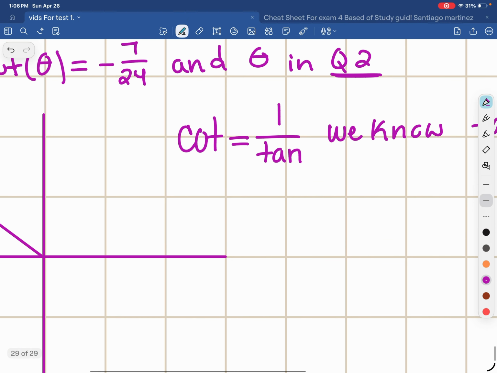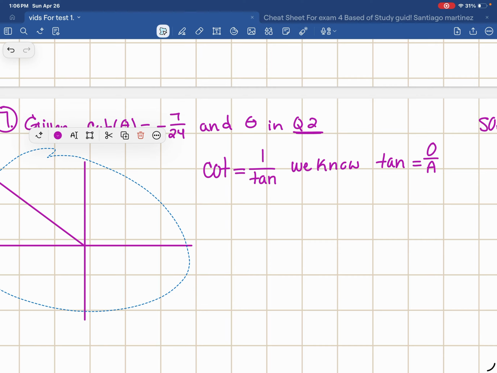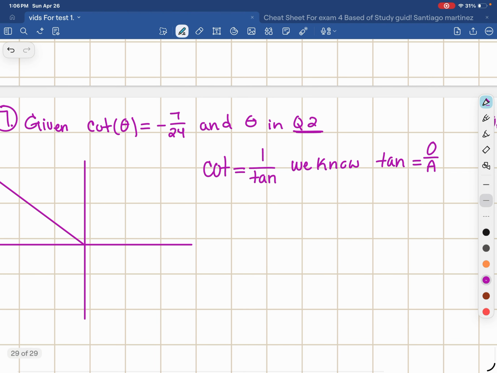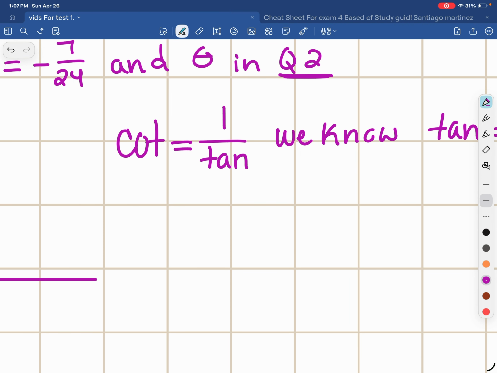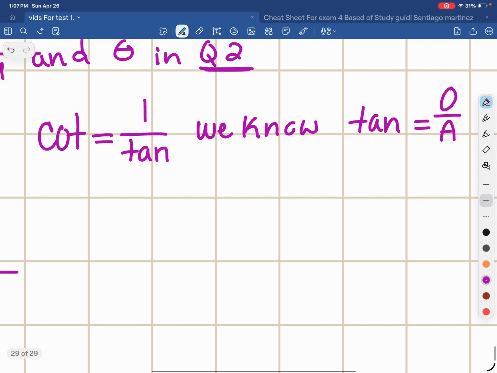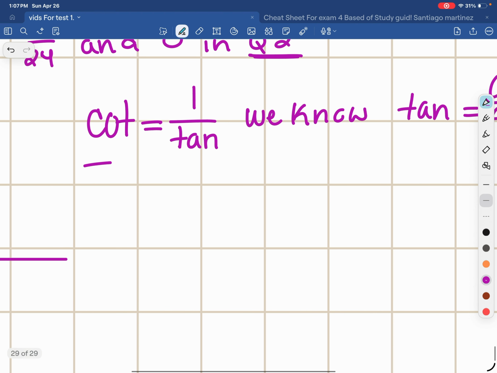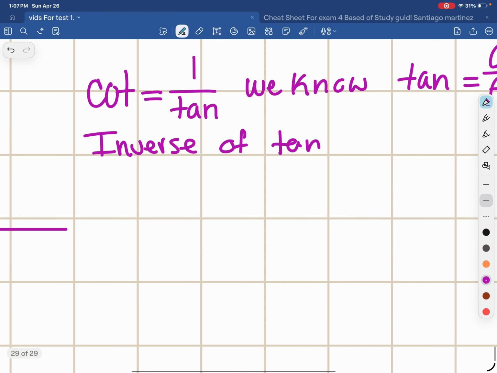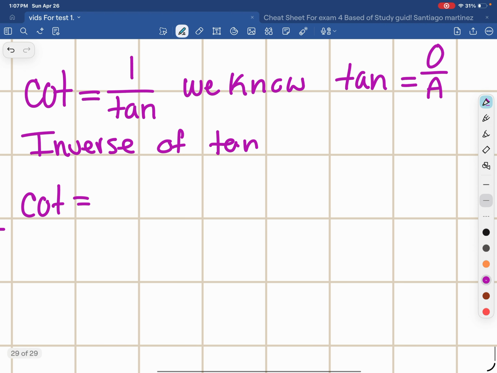If we had to move our graph over a little bit, it's important to note that if you want to make it easier on yourself, cotangent is the inverse of tangent, right? So we can rewrite this as cotangent is the inverse, so these values are going to swap.